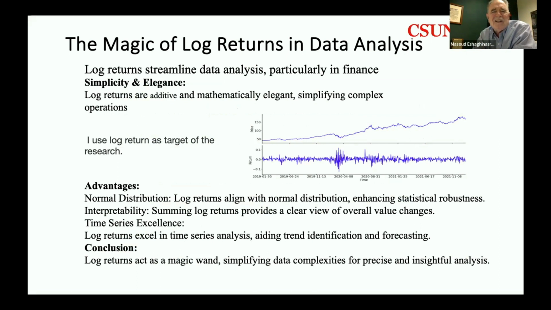For this reason, I use log returns as the target of my research. Normal distribution is better, and log return acts as magic when simplifying big data.